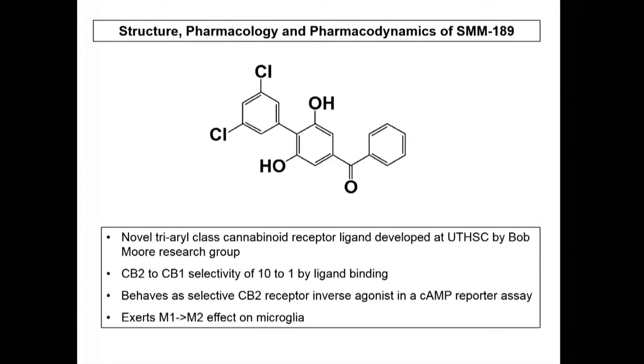And this is why we ourselves got into the research. So this is the compound we use. I won't say too much about it, except that it was developed at UT by Bob Moore, in the Bob Moore Research Group. It does not have fantastic selectivity for CB2 by ligand binding, but in terms of a functional assay for CB2 receptors, it seems to be highly selective for CB2 receptors, and it acts as an inverse agonist in a cyclic AMP reporter assay.